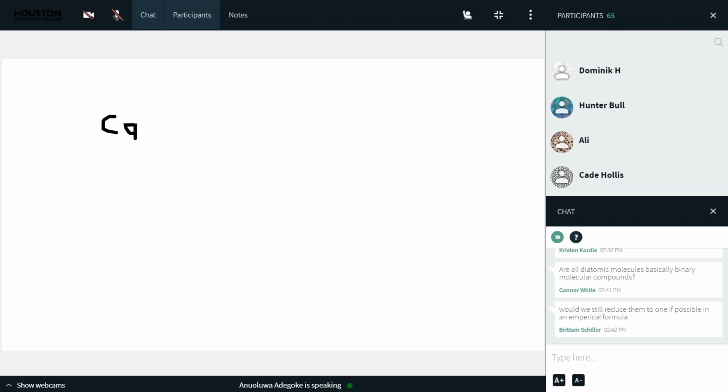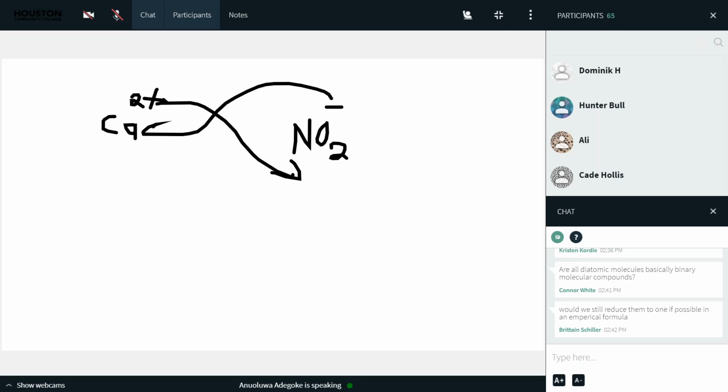We know that calcium has a +2 charge, right? It's in group 2, and nitrite is a polyatomic ion that has a -1 charge. So when we want to write the formula for this using the crisscross method, we bring this here and bring that there, and then we write Ca.